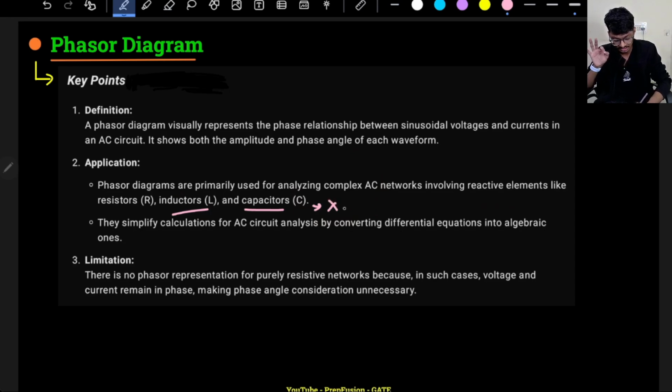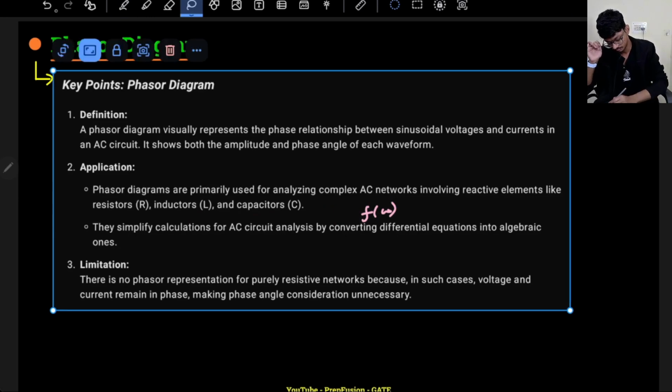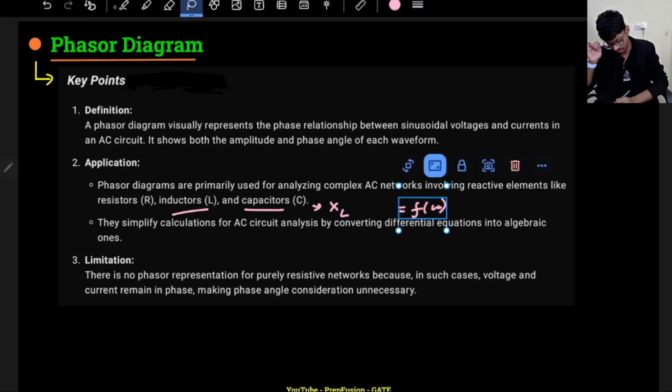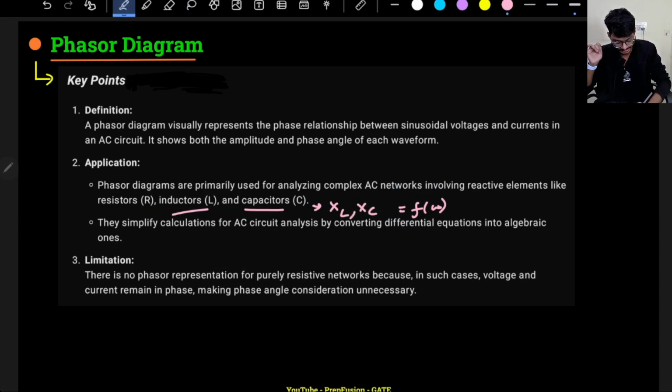For now just understand that the reactance that L and C provide are functions of omega, L and C: XL and XC. XL is the inductive reactance, XC is the capacitive reactance. Both of these, whatever reactance they provide, are functions of omega.